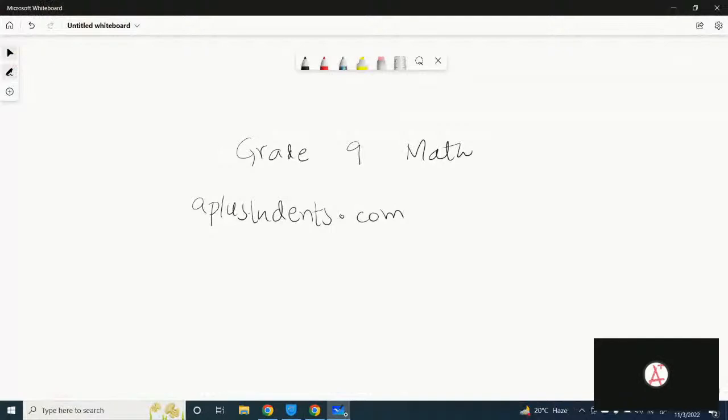You have to log in there using your email address and the password provided by the administrator. Then you have to select math from the subject tab. Scroll down to grade 9 maths. Click on view all lessons and we are going to start with the chapter that is solve equations.